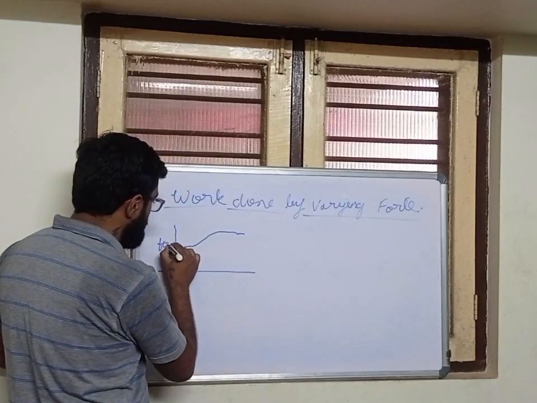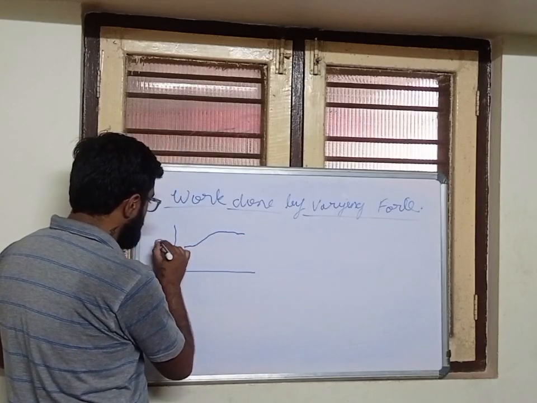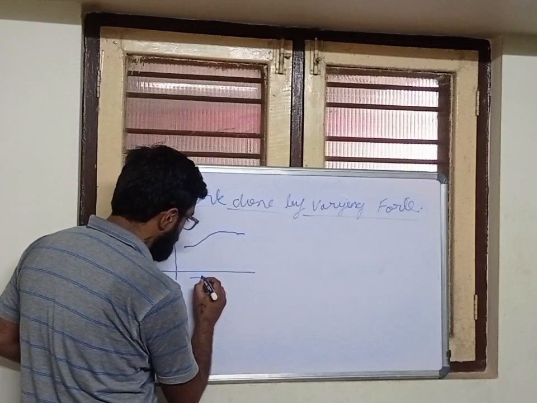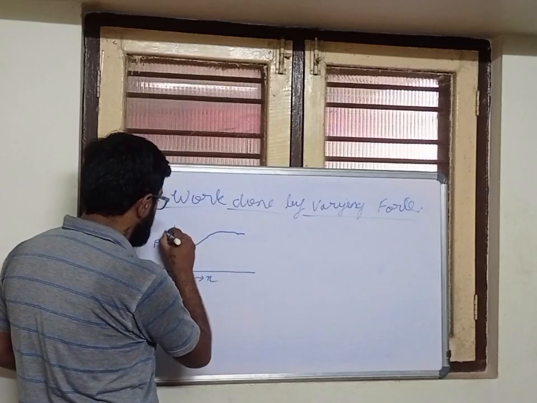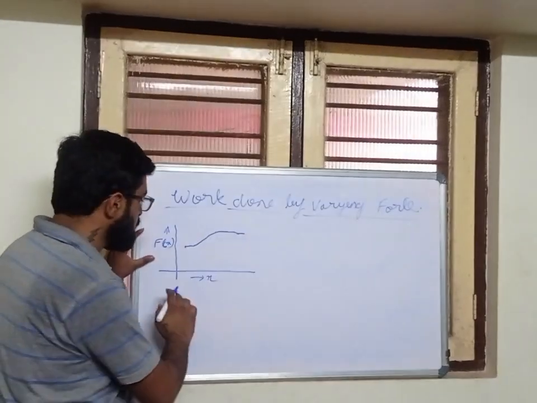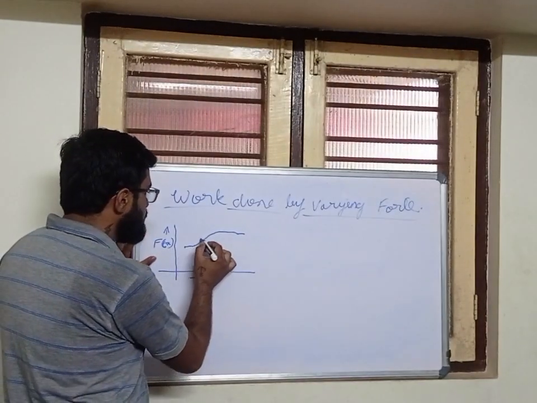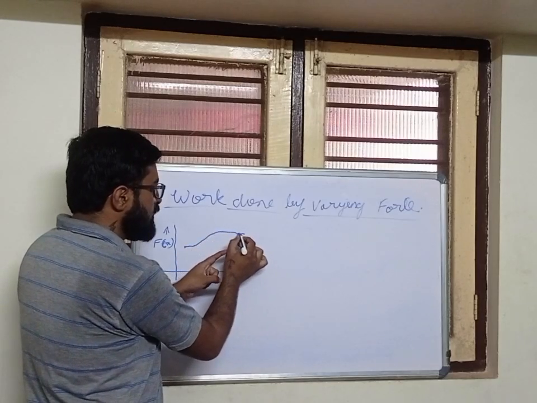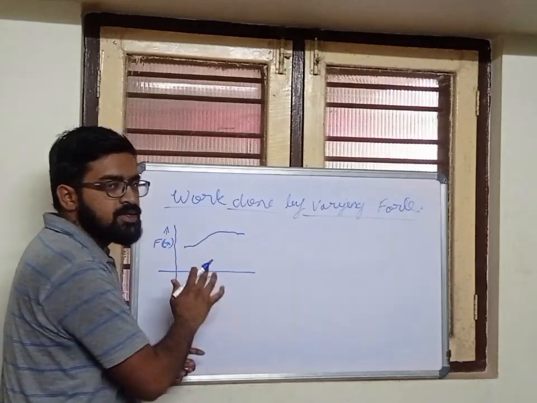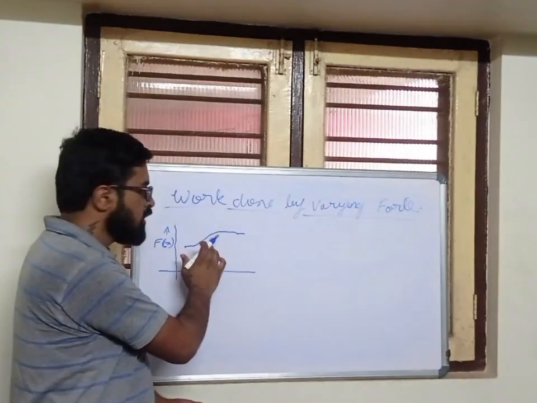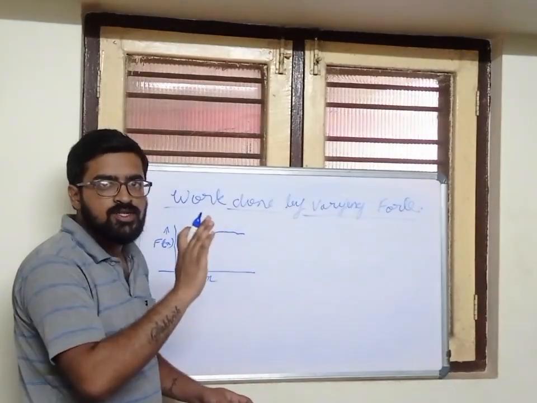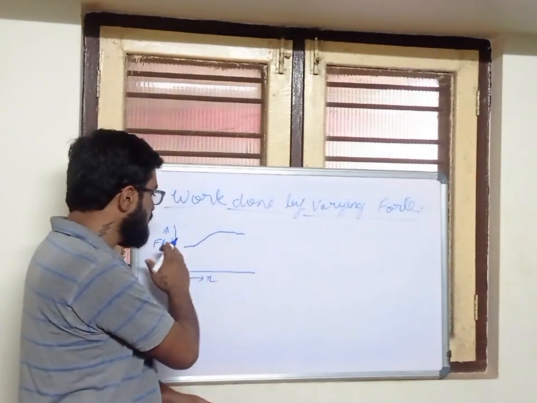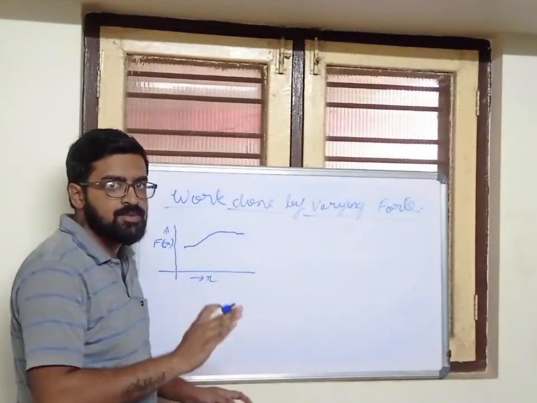This is f of x, the force, and this is the displacement. Force increases, displacement also increases. So this is the visualization of variation of force and variation of displacement, and we need to calculate the total work done by these variations of force and displacement, right?